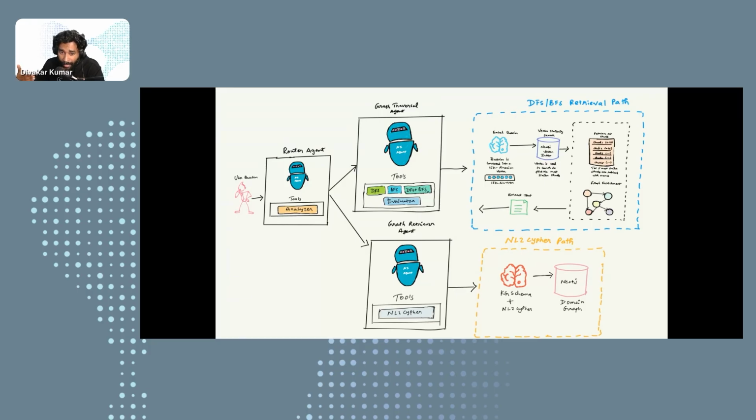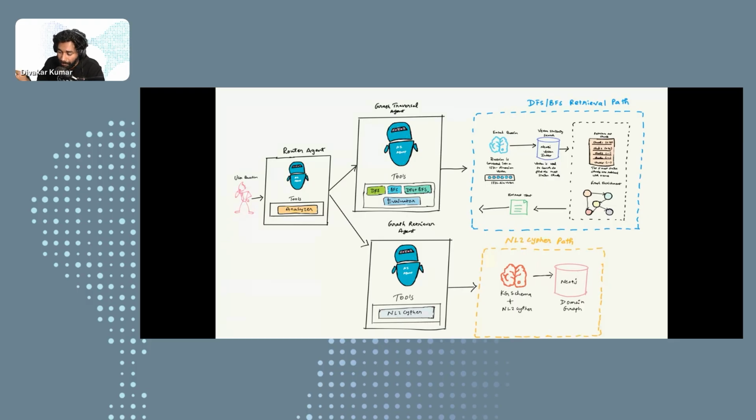In the case of the retriever agent, you could convert the natural language into Cypher, because we are not magicians, right? We really don't know what question the user is going to ask. So you convert that natural language into Cypher, so that you can run it directly against the Neo4j knowledge graph and retrieve that information.